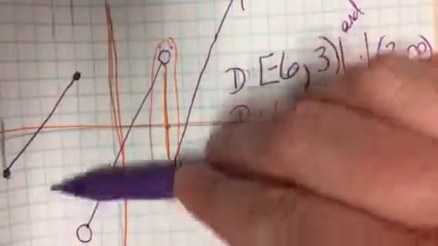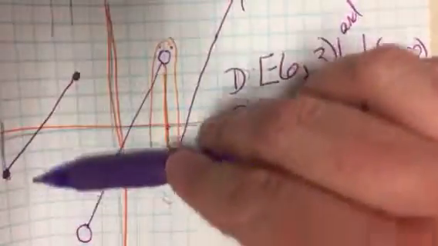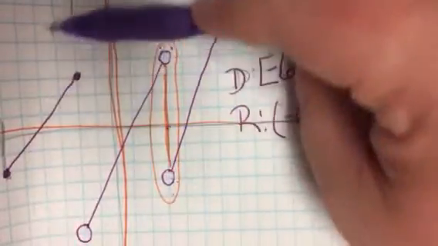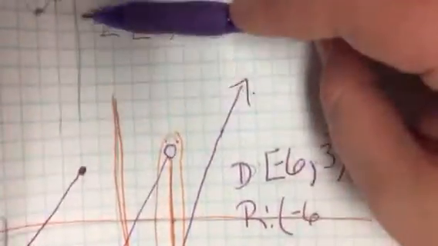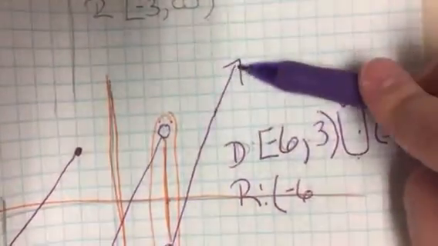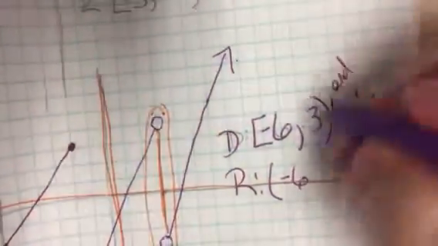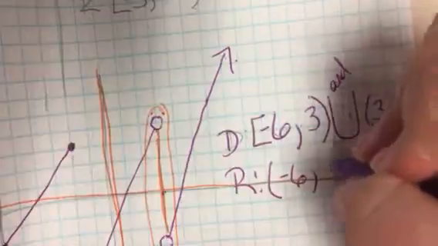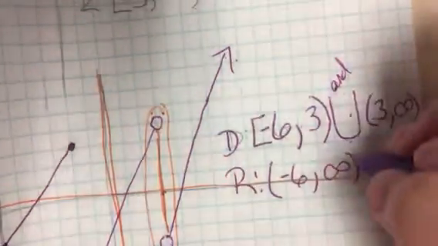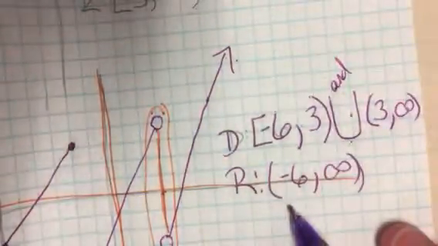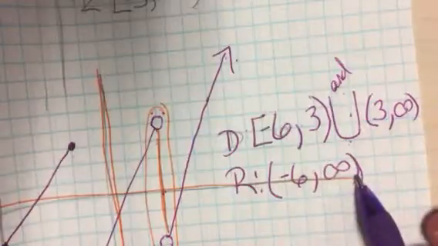Okay, as we move our pen upwards, there are no gaps in the range. Okay, none of our y values, there are no gaps. And we have an arrow up here indicating that it continues going upwards to infinity. So our range is going to be -6 to infinity.